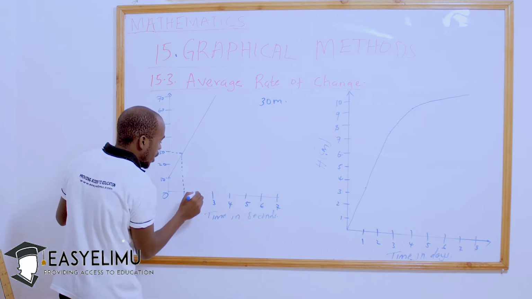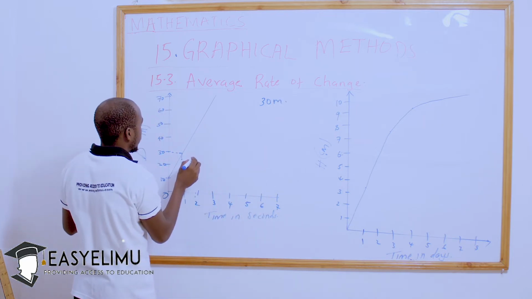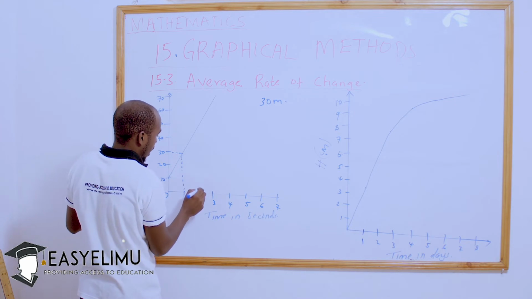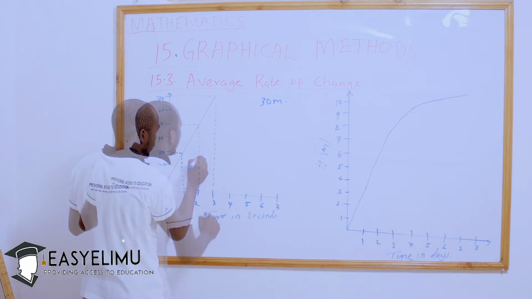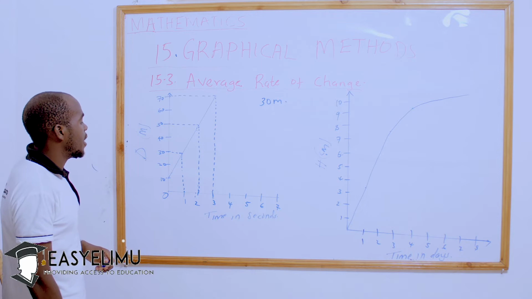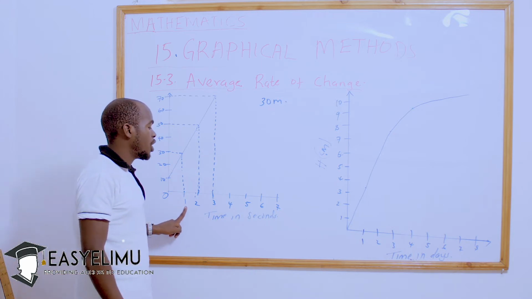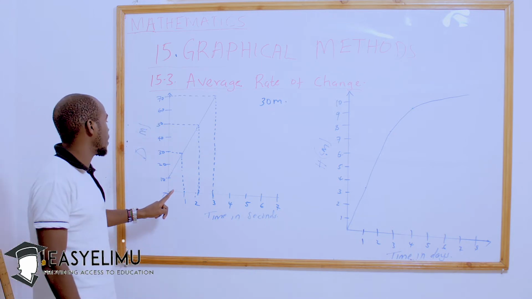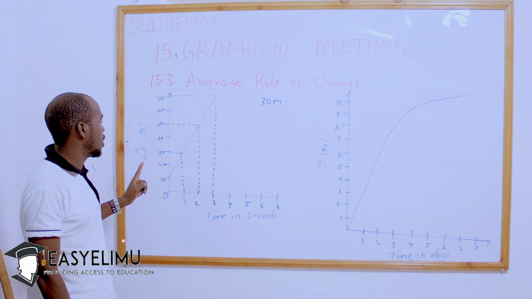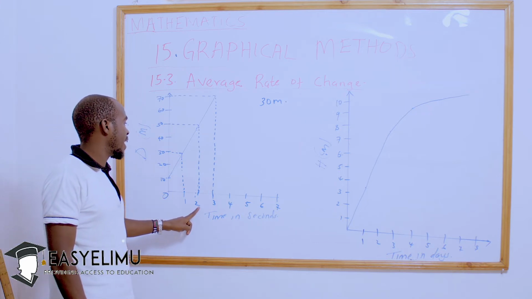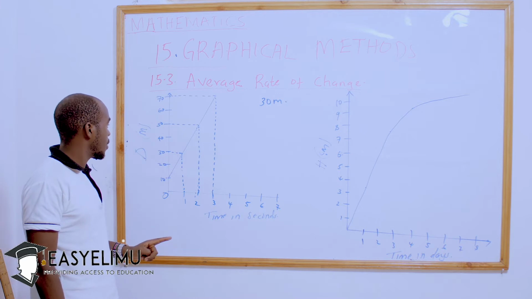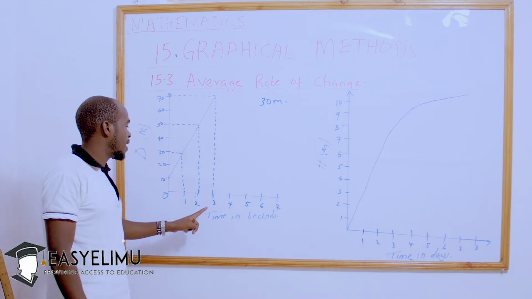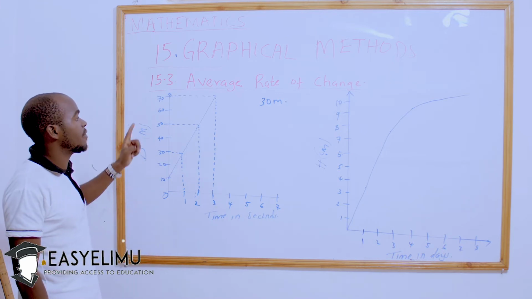As it goes on, you will find that in 1 second the particle covers 30 meters, in 2 seconds it covers 50 meters, and in 3 seconds it covers 70 meters.